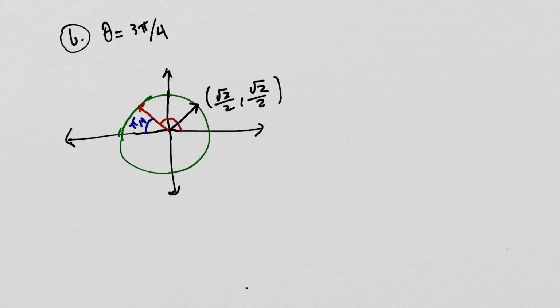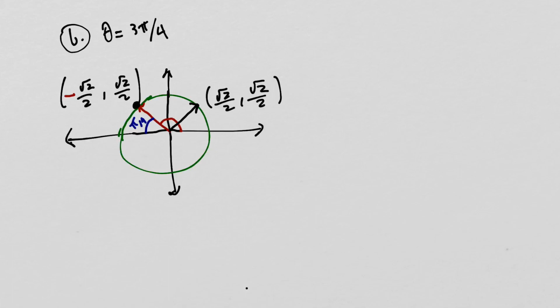Then, by symmetry, the terminal point that corresponds to 3 pi divided by 4 is going to have the same coordinate values, square root of 2 divided by 2 and square root of 2 divided by 2, where we place the correct signs. So in this case, our x value is either going to be plus or minus. We need it to be a negative sign because it's on the left-hand side of the y-axis.